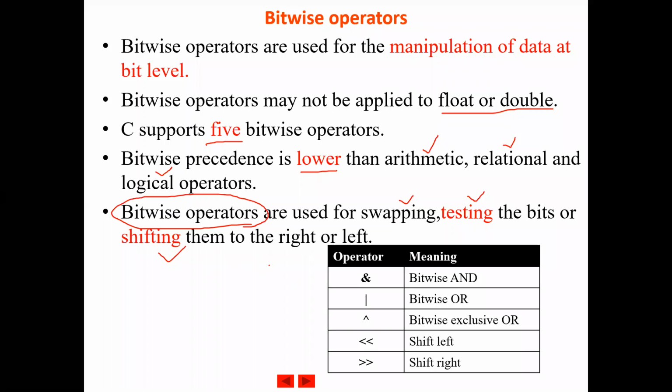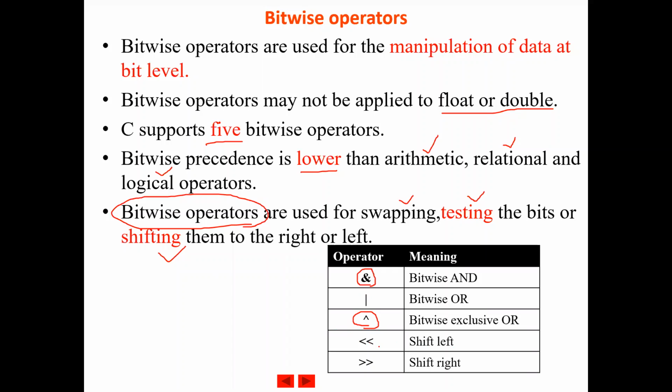Some of the bitwise operators are here: bitwise and, a single ampersand indicates bitwise and. We have studied logical and, right? Here a single ampersand means bitwise and, bitwise or is a single vertical bar, and bitwise exclusive or is the caret symbol.